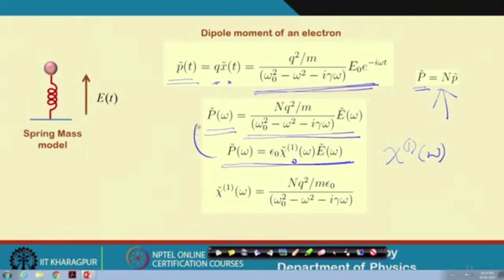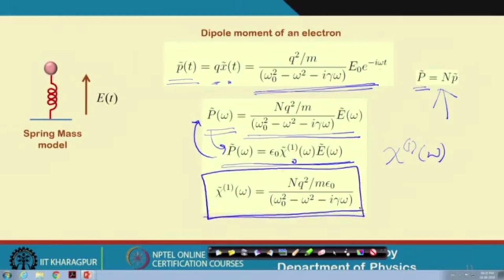If I compare these two things, I will finally have an expression for the susceptibility. So, this is a very simple model to find the susceptibility, and we find that the susceptibility is not a real quantity, rather it is a complex quantity. In the next class we will try to find out the consequence of the susceptibility having an imaginary part, and omega 0 is a resonance frequency.